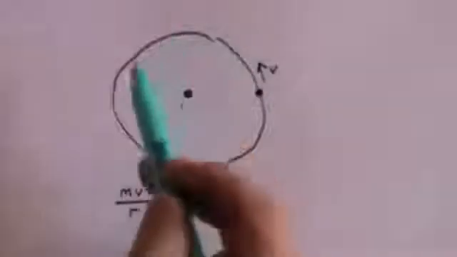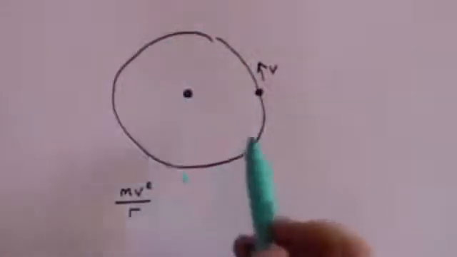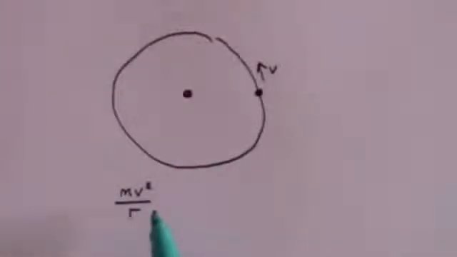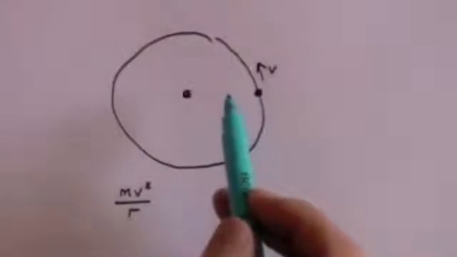Planets actually describe an ellipse, but for all practical purposes we can regard them as circular, and therefore we can derive this equation for centripetal force, which keeps the planet in circular orbit.